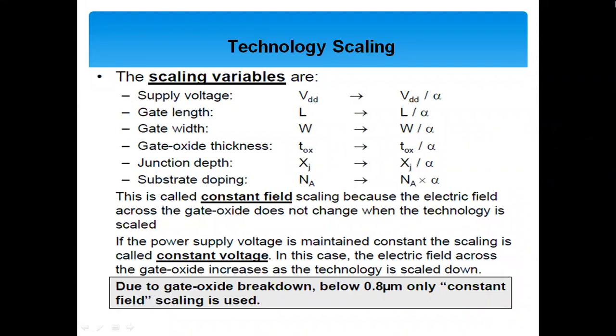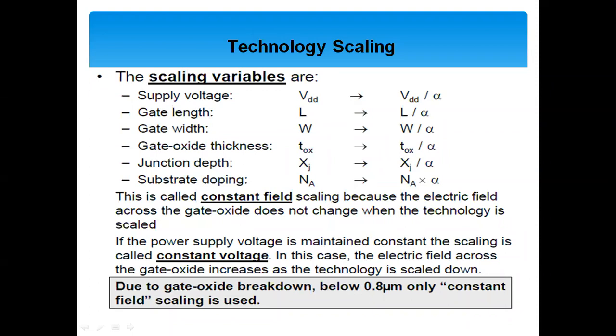By changing these many parameters or variables of that particular MOS transistor, you can actually scale that device to some lower level, right? Now this is called constant field scaling, because the electric field across the gate oxide does not change when the technology is scaled.